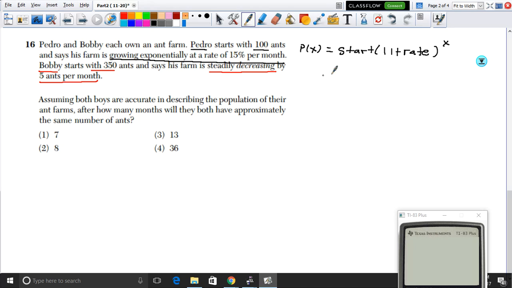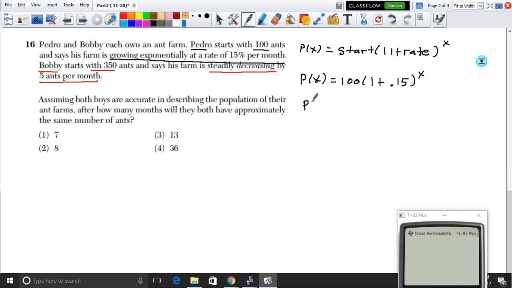Let's plug in the information that we know. For Pedro, we start with 100, and now we have 1 plus the rate, but note that the rate is 15%. If we convert that to decimal form, that's 0.15, to the x.